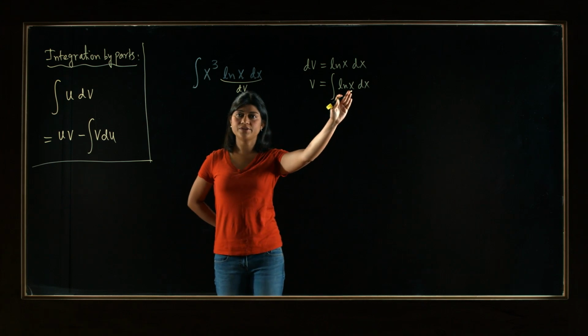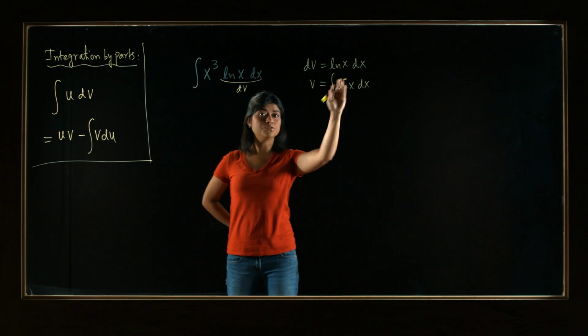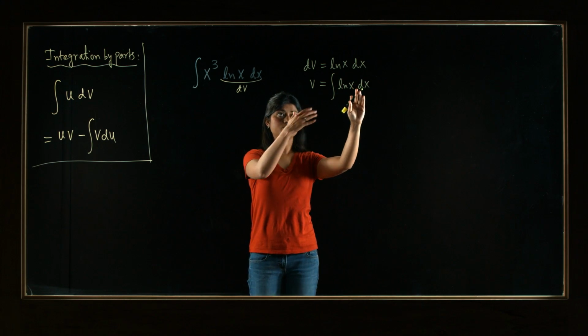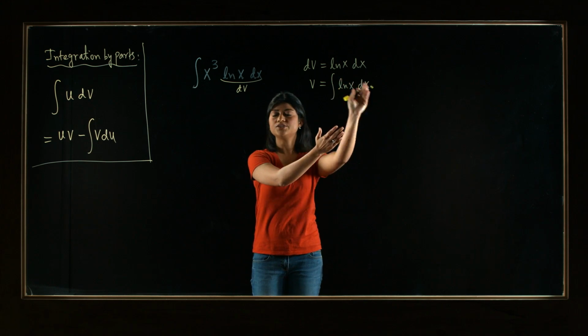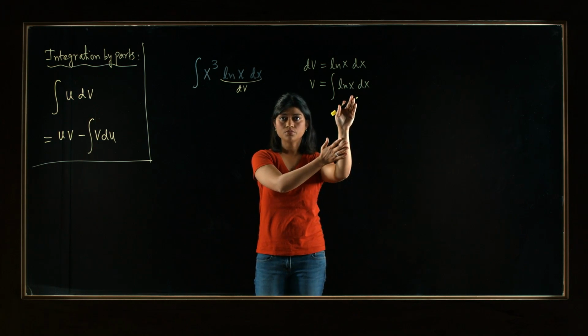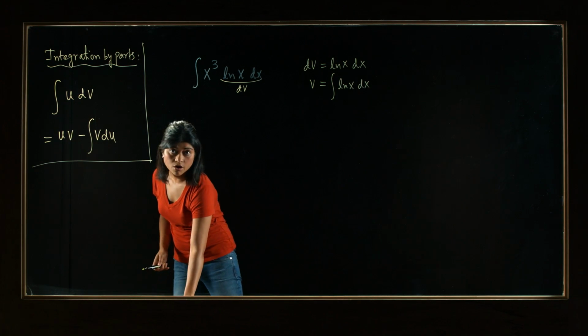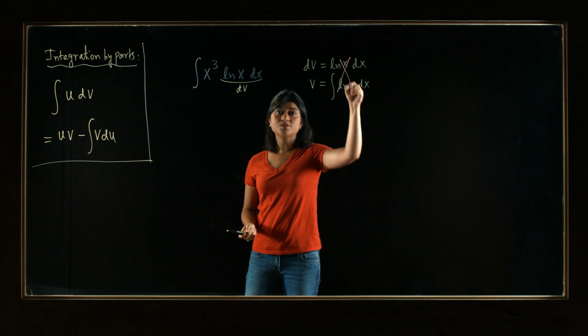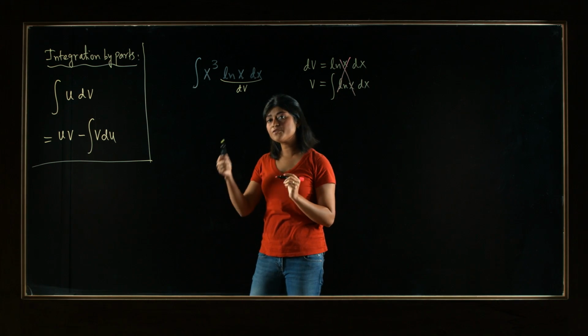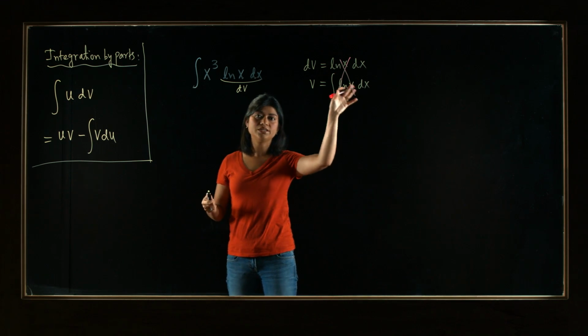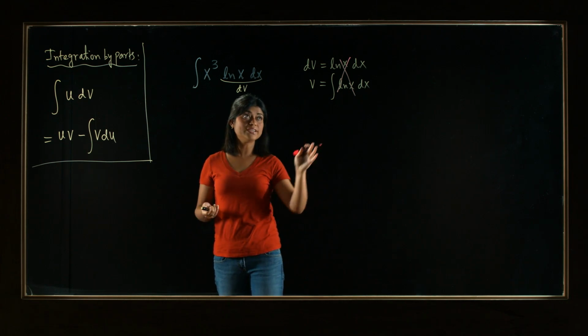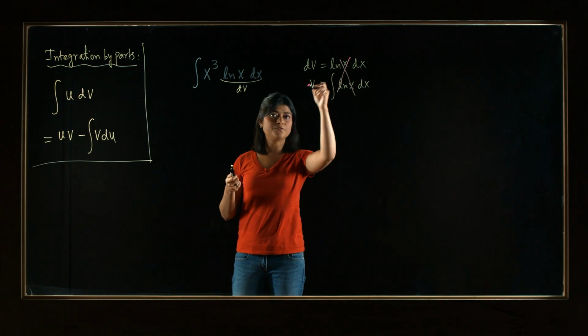And that is a very difficult integration. How will you do that? There is no easy way of figuring this integral out. So this choice is not the best choice for this problem. You can differentiate natural log easily, but not integrate it. Actually, we will need integration by parts to figure out this integral.